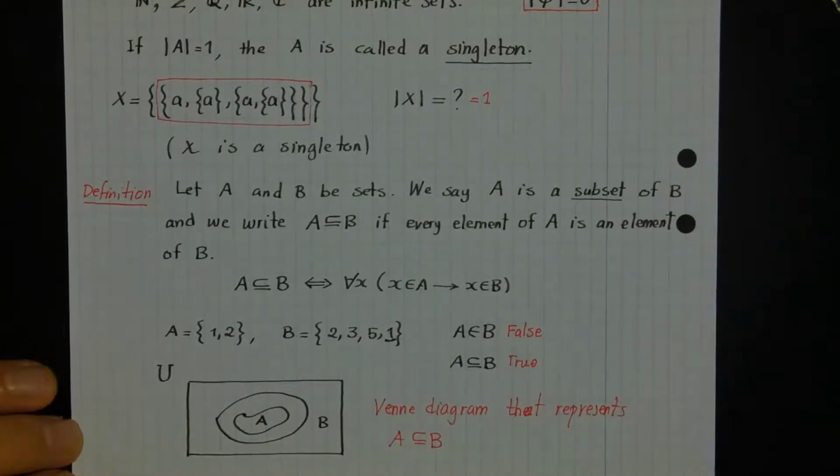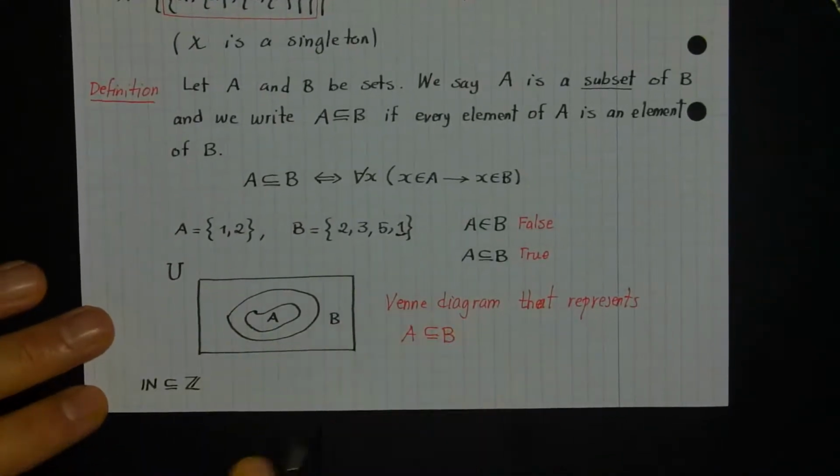Okay, and then for example, between these famous sets, you know that the set of natural numbers is a subset of the set of all integers. Why? Because every natural number that you choose from N is also an integer.